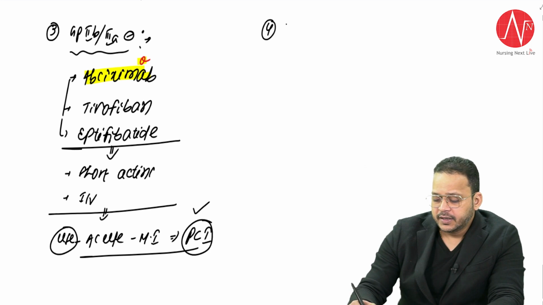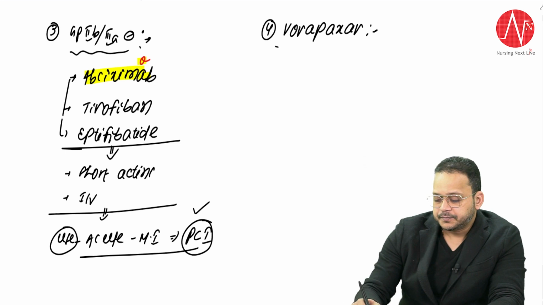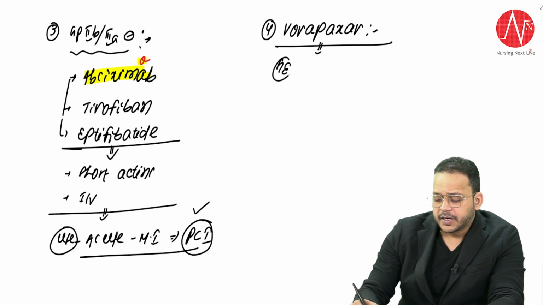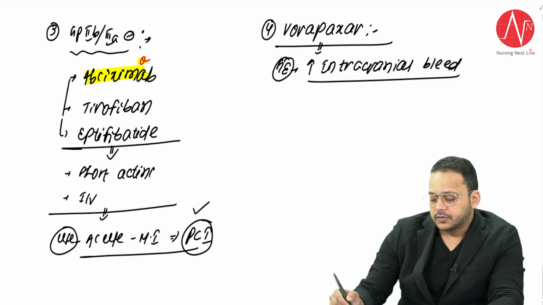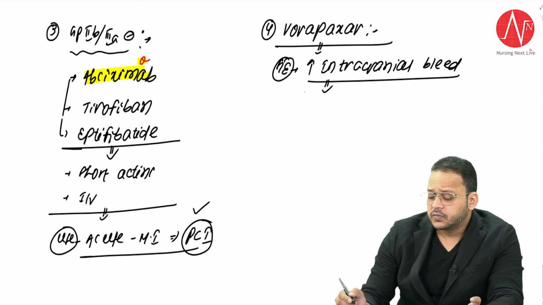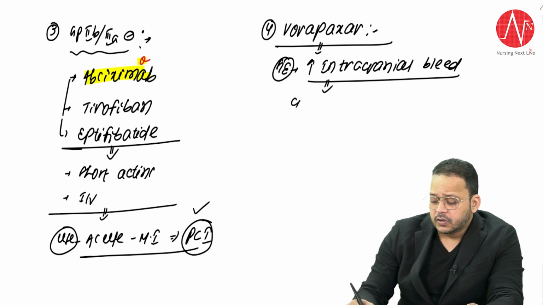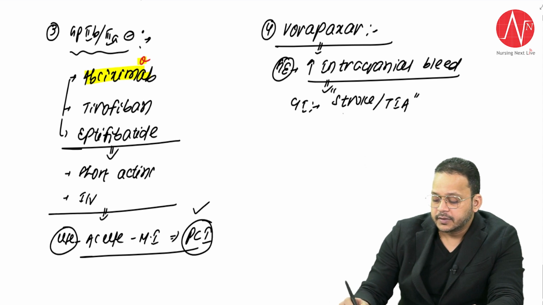And the last anti-aggregant, guys, the drug is called Vorapaxar. And for Vorapaxar, remember its side effect, it also increases risk of intracranial bleed, and that is the reason why it is also contraindicated in patients of stroke and transient ischemic attack.